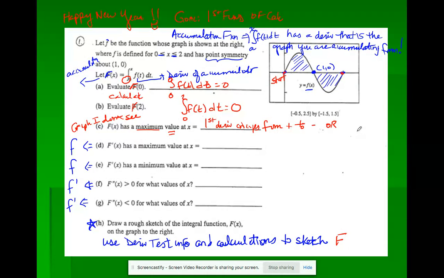Remember, what goes on your list of suspects? Where the first derivative equals 0 or does not exist. Well, this is the graph of the first derivative. It exists everywhere from 0 to 2. So I don't have to worry about where the derivative does not exist, but what else do I have to consider? Endpoints. Hello. And the other clue that I had to think about endpoints was up here in the directions.